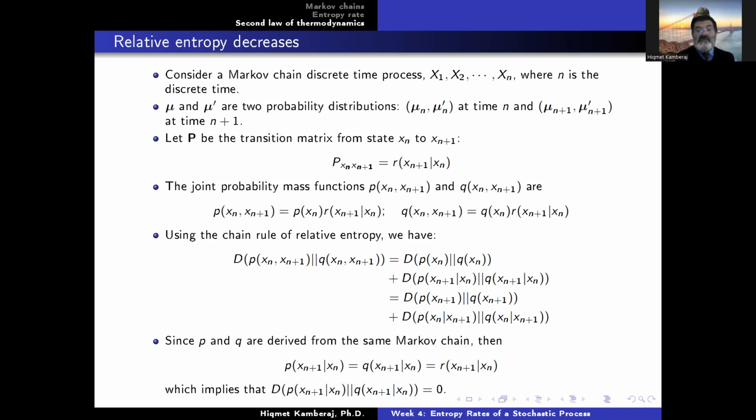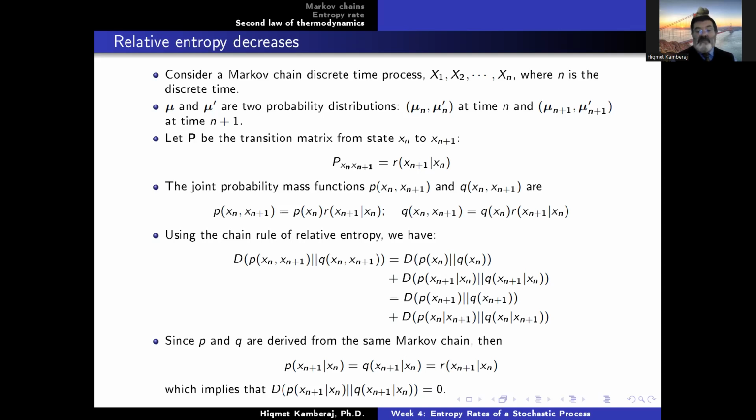Then we consider mu and mu prime, two probability distributions, mu n and mu prime n at time n, and mu n plus 1 and mu prime n plus 1 at a later time n plus 1. We consider P the transition matrix from the state xn to xn plus 1, and it is given as the conditional probability, which we denote by R, of xn plus 1 given xn.